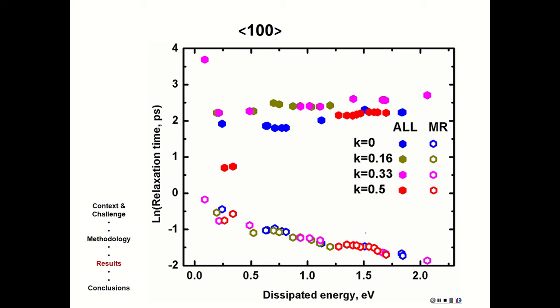Let me make my idea clear first. So this dissipation energy indicates the energy difference between initial and final states, and the time required for that is the relaxation time. Yes.